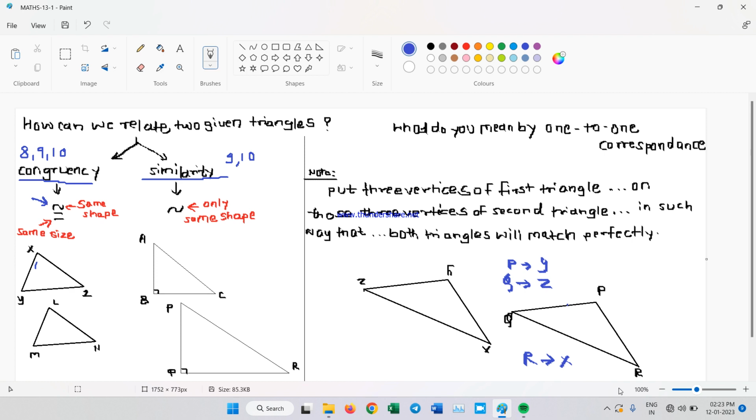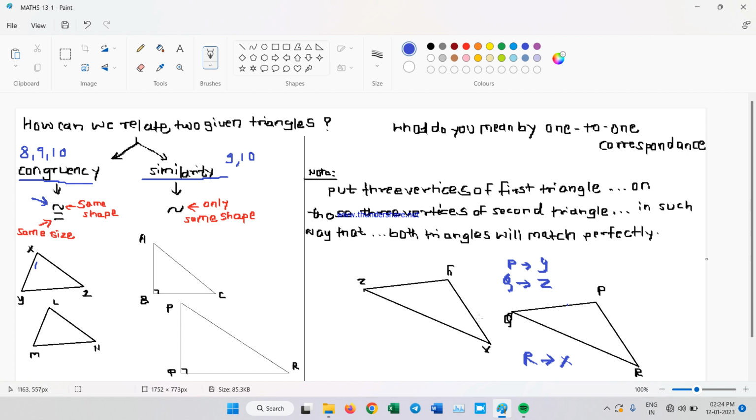So one-to-one correspondence means which three points of the first triangle must go with which three points of the second triangle so that both triangles match. To match the triangles, point P has to be placed on Y, point Q has to be placed on Z, and point R should be placed on point X. Then both triangles will match perfectly.